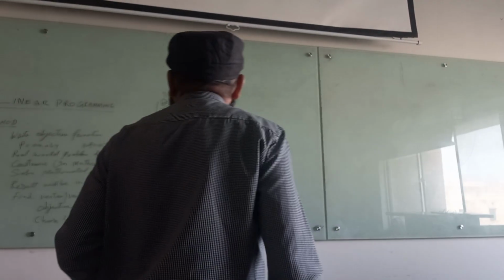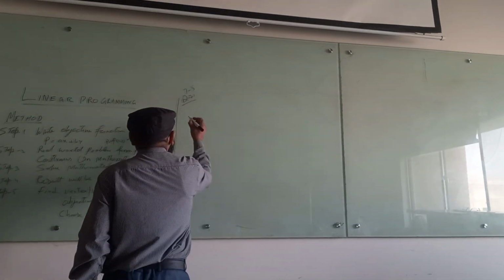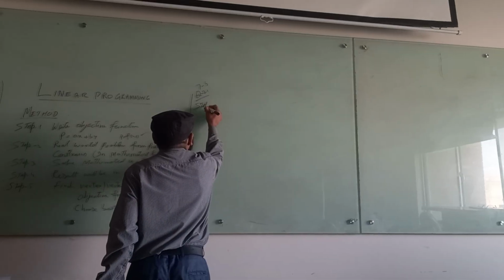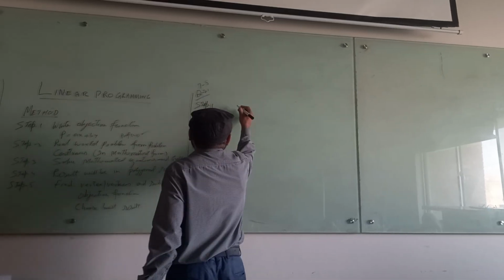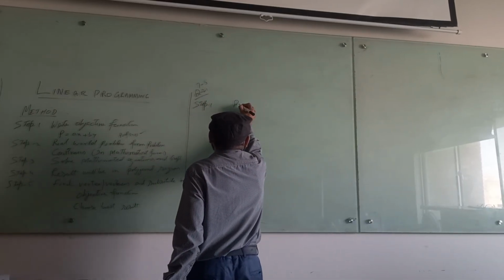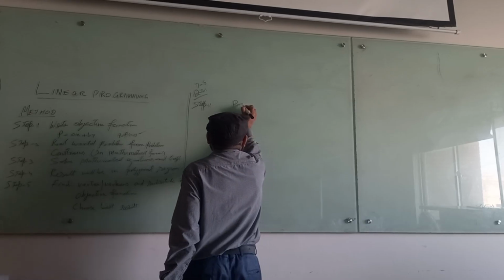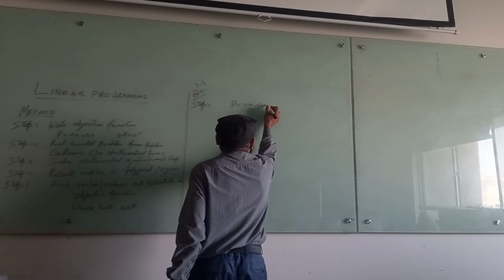First of all, let's discuss step by step. Step 1 is the objective function P equals ax plus by.